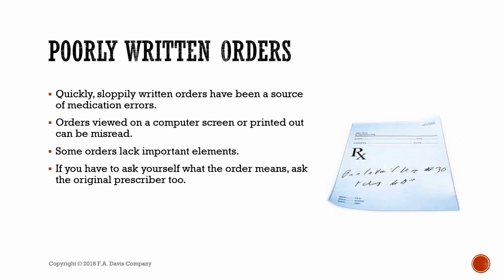What does this say? You always want to make sure you ask the original prescriber too. Again, always clarify your orders with the provider if you need to. Doesn't matter how much you may think you're aggravating or worrying them, you always want to make sure your orders are correct. Clarify them if needed. Again, always make sure you have all elements. Nothing should be lacking. You should have every element of the order that you need.